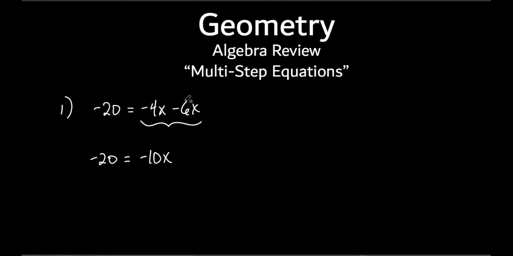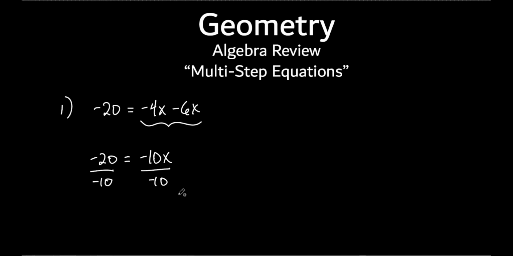But here's a step you didn't have to do in those earlier 2-step equations. I don't think they ever had you add like terms, but now sometimes you do. Now we only got one more step. What do we do? Divide by negative 10. Make sure you divide by the negative. Don't forget that.